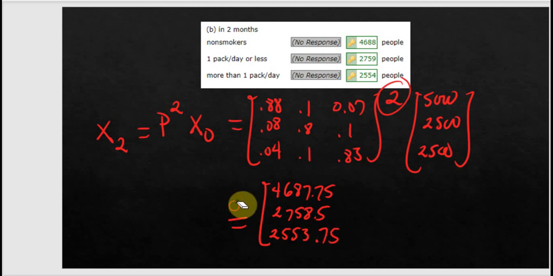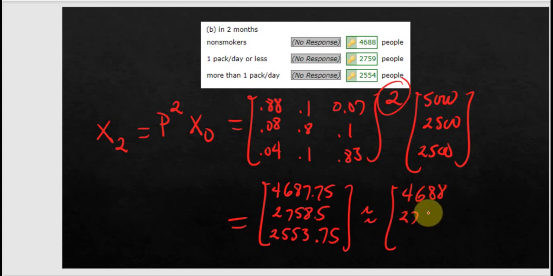Well, that's not the approximation, that's the exact. And so then rounding to what they want, 4688, 2759, then 2554.